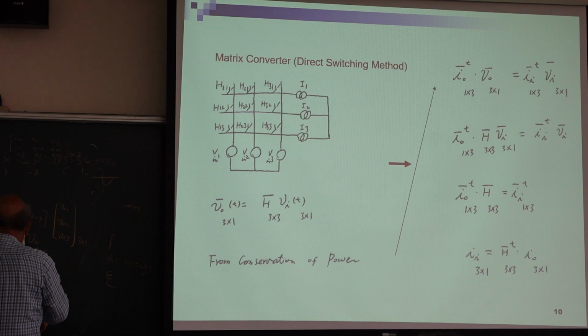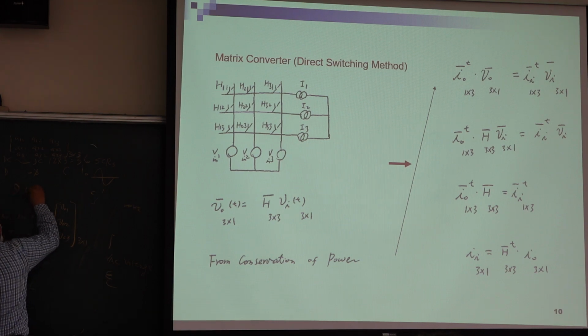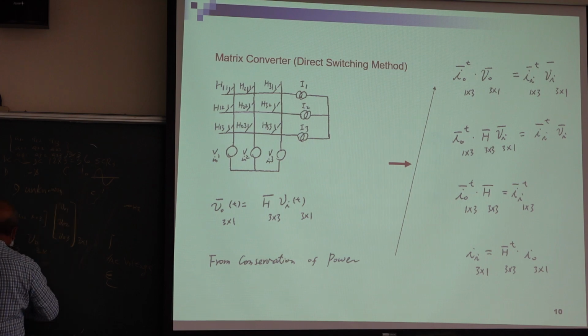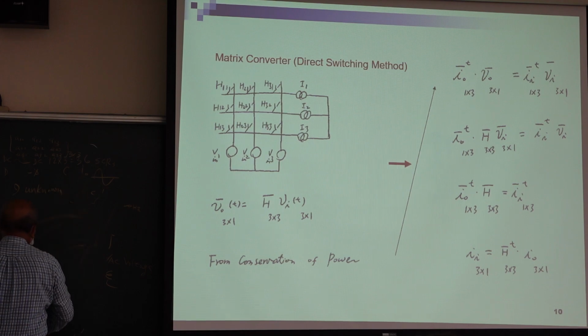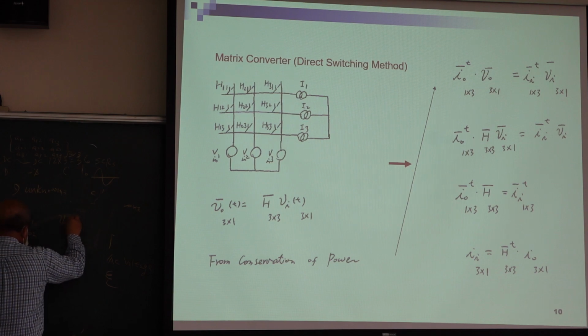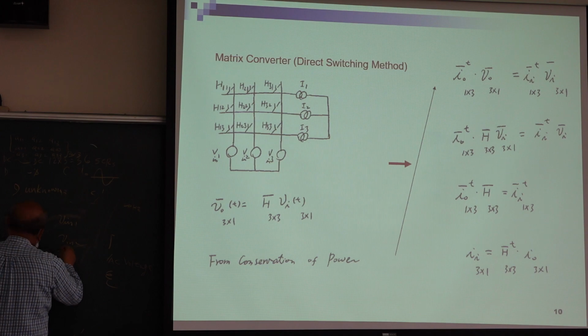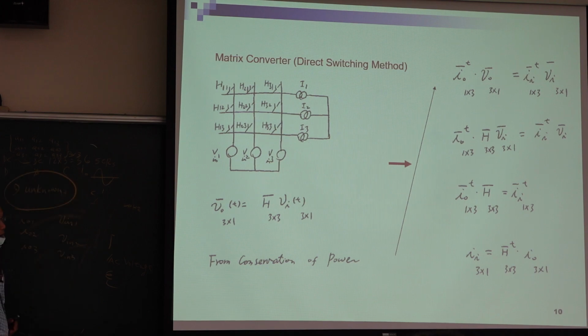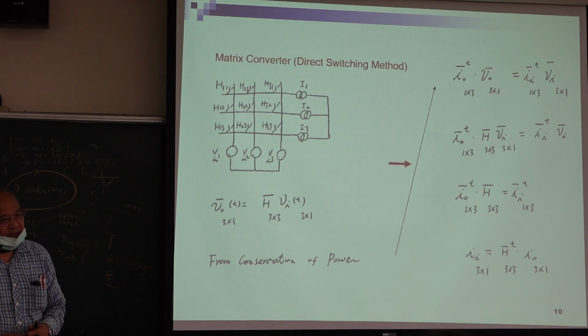So you have 9 unknowns, but you only know the output current and the input voltage.